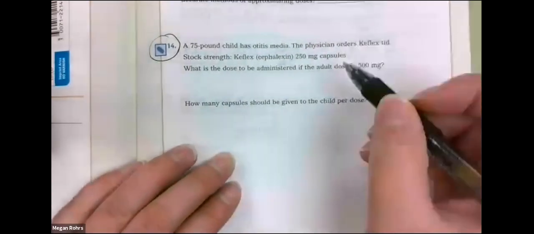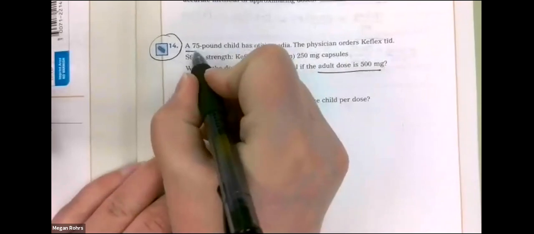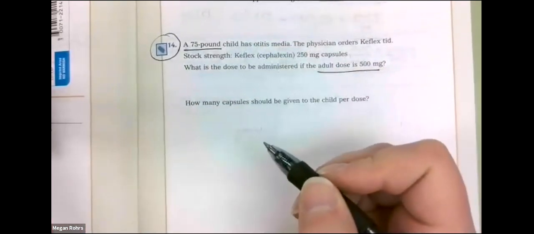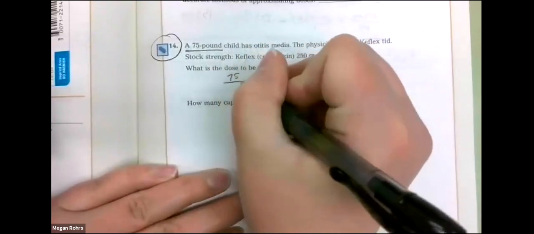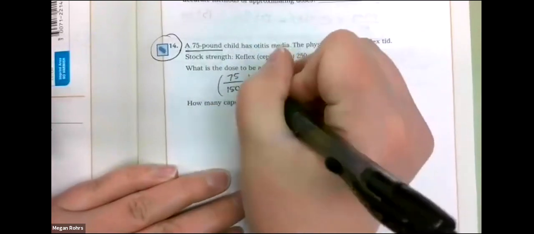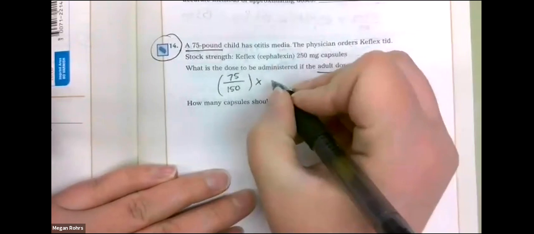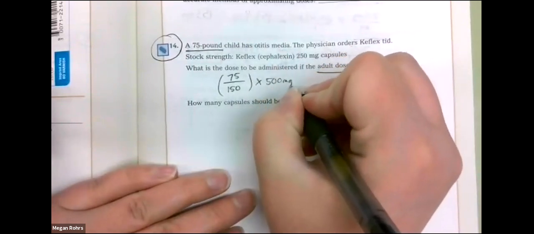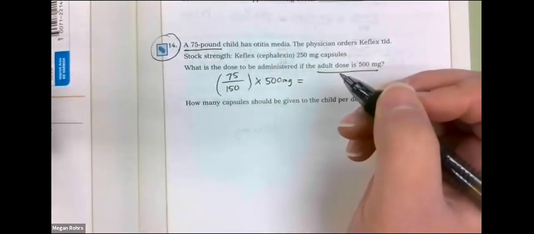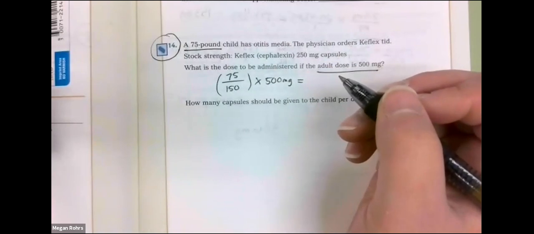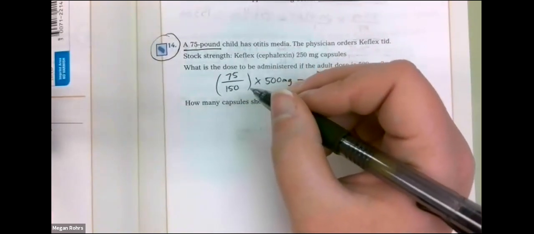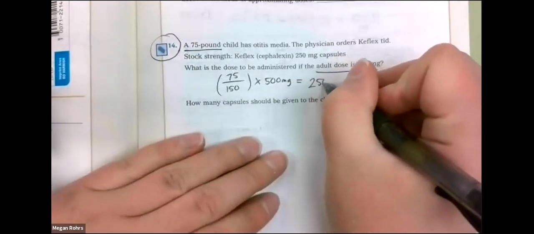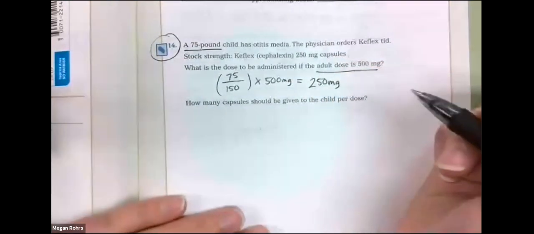Well, I have my adult dose and I have my weight in pounds. So Clark's rule once again, 75 pounds divided by 150 pounds. And I'm going to take that times my adult dose. So 75 divided by 150 gives me 0.5, times 500 gives me 250 milligrams.